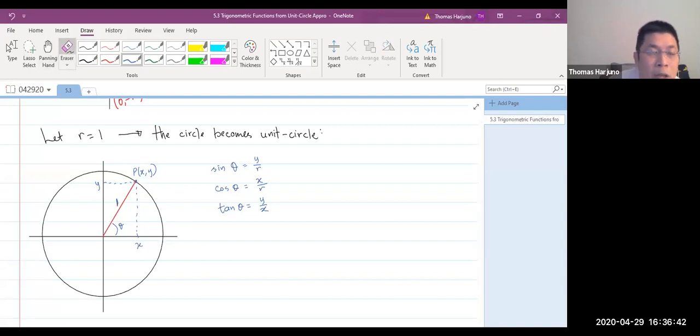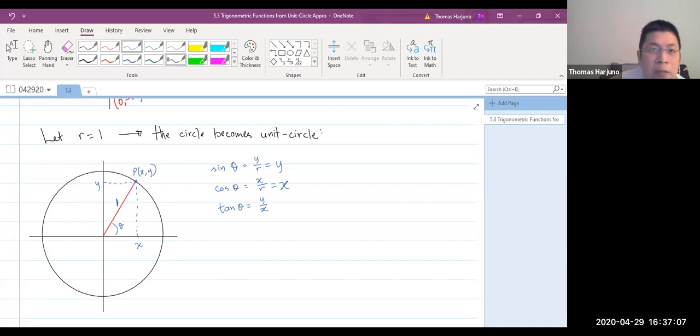So in our formulas, because r equals 1, sine theta basically equals y, cosine theta basically equals x, and tangent theta stays the same, y over x.